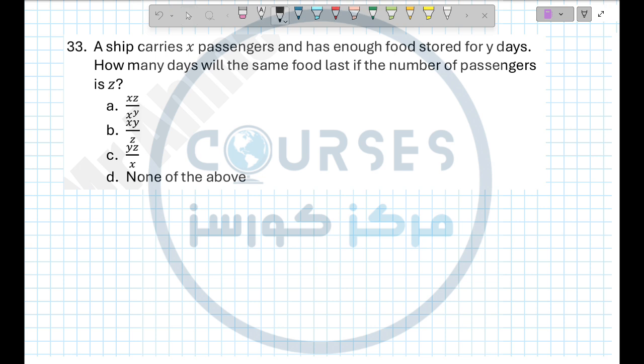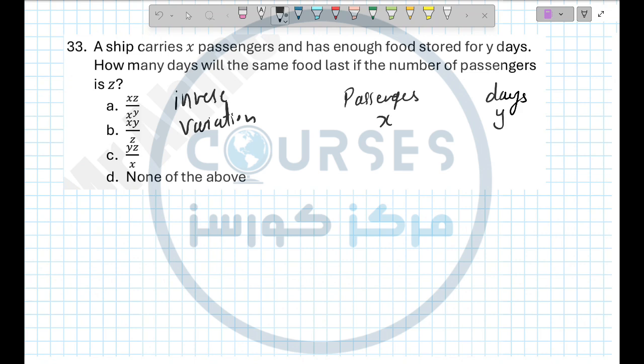So in here, this is an inverse variation or an inverse proportion. We're comparing passengers and days. So X passengers are eating the food stored in Y days.